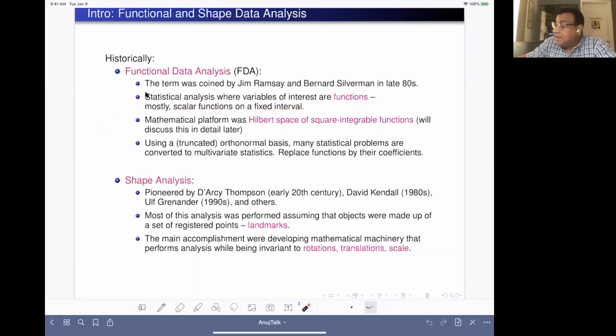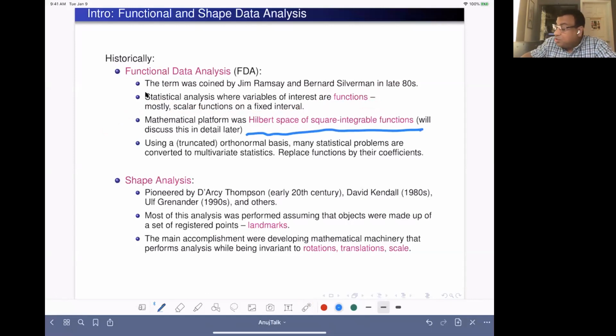Okay? And what was the mathematical platform that they used to study this? This was the Hilbert space of square integrable functions. How do you do calculus of these functions? The way you do it is you assume Hilbert structure, you use these inner products, you assume these norms, and you do calculus using that. I will spend a lot of time explaining these things.